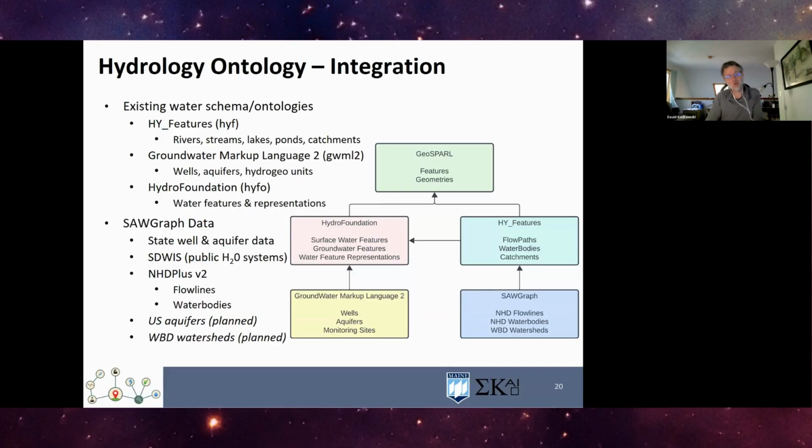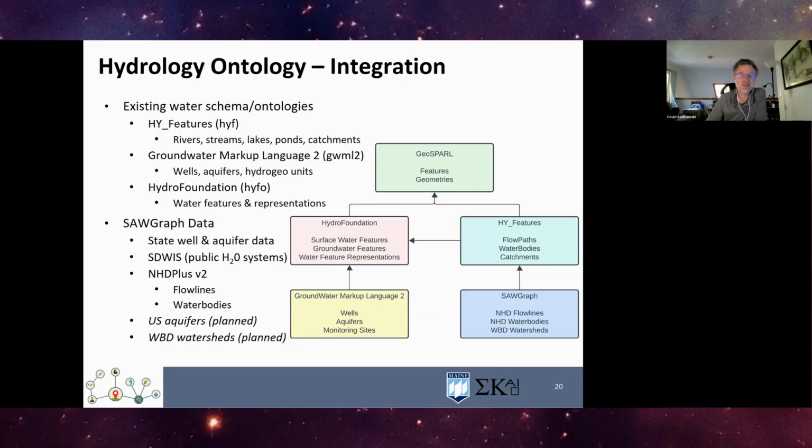So SAWGraph brings in data from the states, from federal sources, the USGS, which is where the National Hydrography Dataset Plus comes from, US aquifers, water boundary dataset, et cetera. And we're attaching these ontologically using HY_Features and Groundwater Markup Language concepts and those schemas to create this.